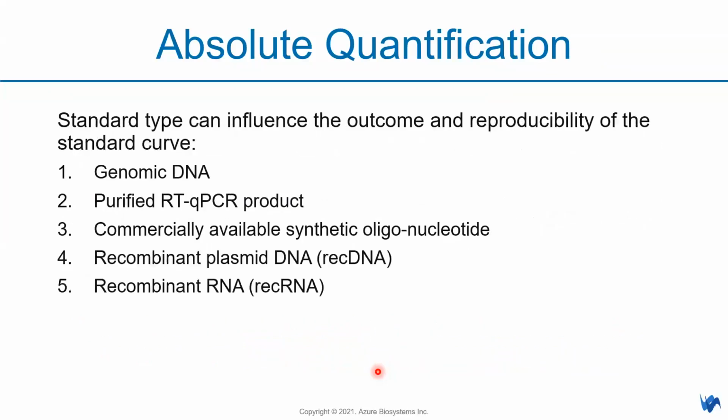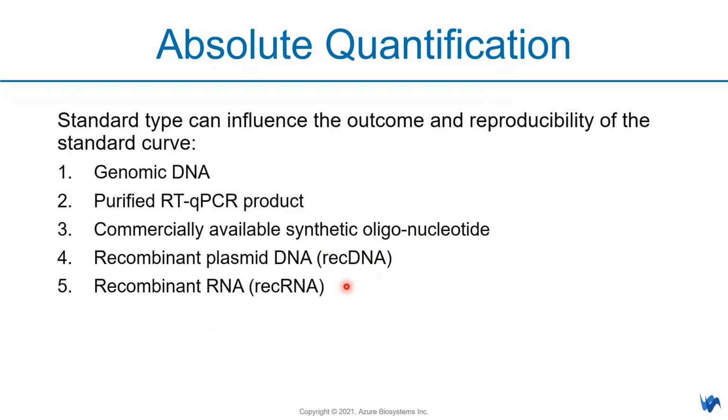Let me talk about how the standard type can influence the outcome and reproducibility of a standard curve. You can use genomic DNA to build the standard curve, purified RT-qPCR product of your gene of interest, commercially available synthetic oligonucleotides, or you can make your own recombinant plasmid DNA or recombinant RNA from your target of interest.